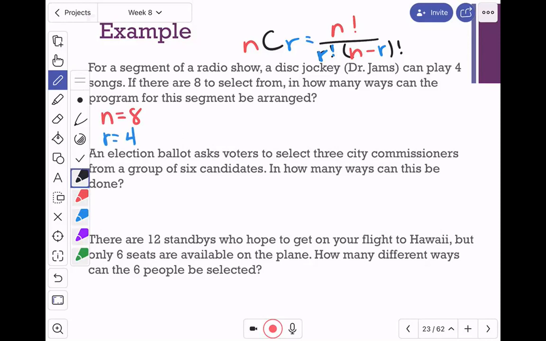The number of combinations, this is 8 C 4, is equal to 8 factorial divided by 4 factorial times, not 8 factorial, I'm sorry, 8 minus 4 factorial.